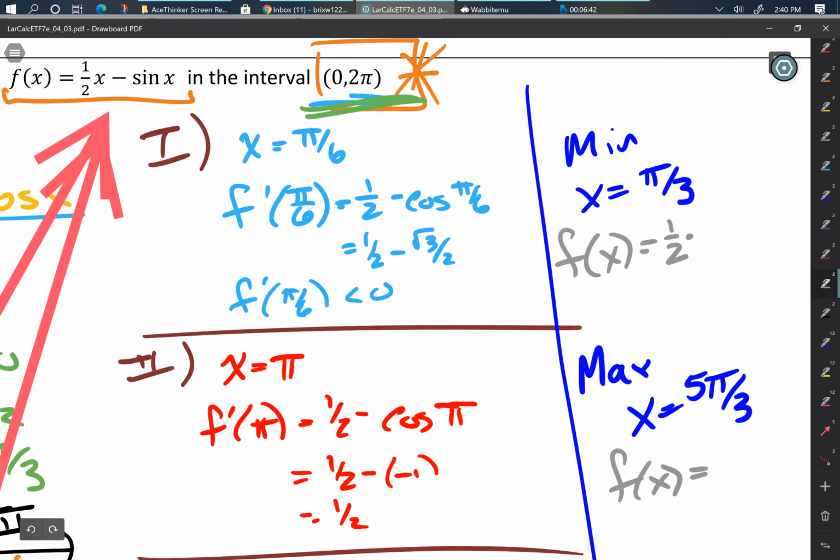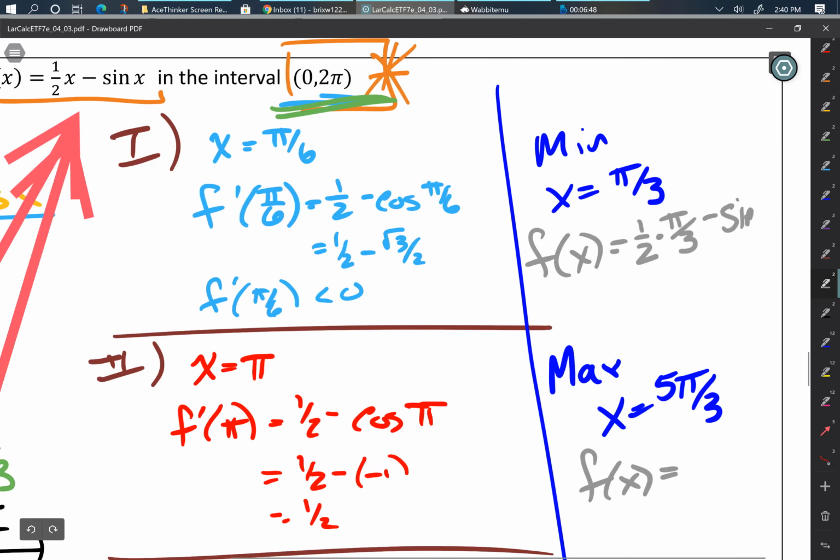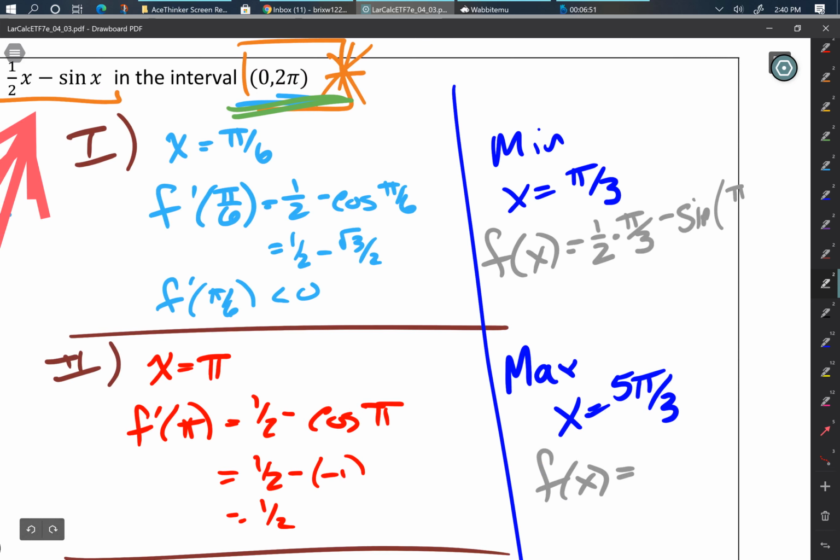So we're going to get 1/2 times pi over 3 minus the sine of pi over 3. 1/2 times pi over 3 is going to be pi over 6 minus the sine of pi over 3. Sine of pi over 3 is root 3 over 2. And that really is about as good as I can do with that.